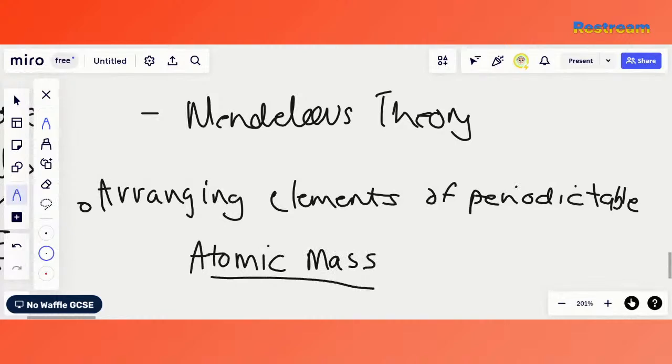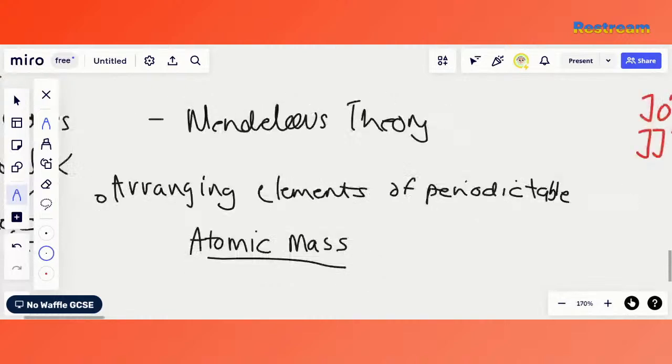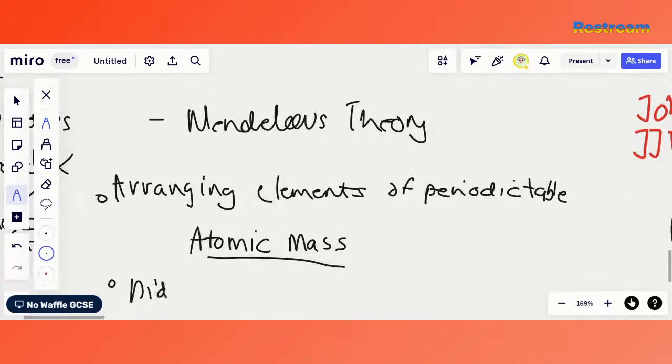Now, this order of atomic mass, however, did switch. So Mendeleev did switch this order of atomic mass when he realized that the properties should be changed.